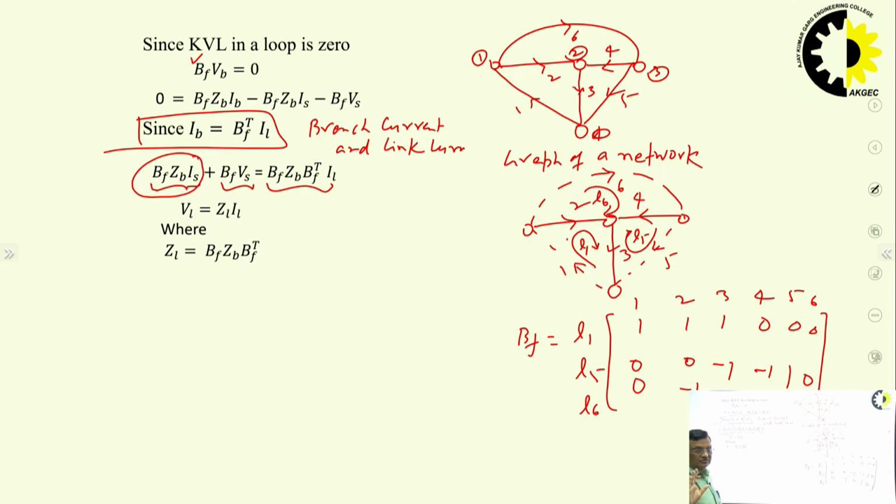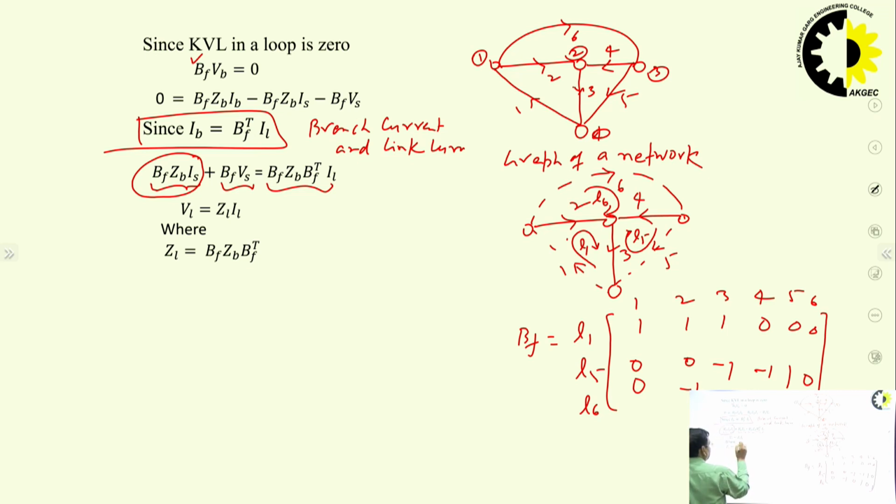If there is no current source present in the network, this term will not exist. So if we convert the current source into a voltage source, we do not have to do this exercise. To get rid of this exercise, initially we convert the current source into its equivalent voltage source.